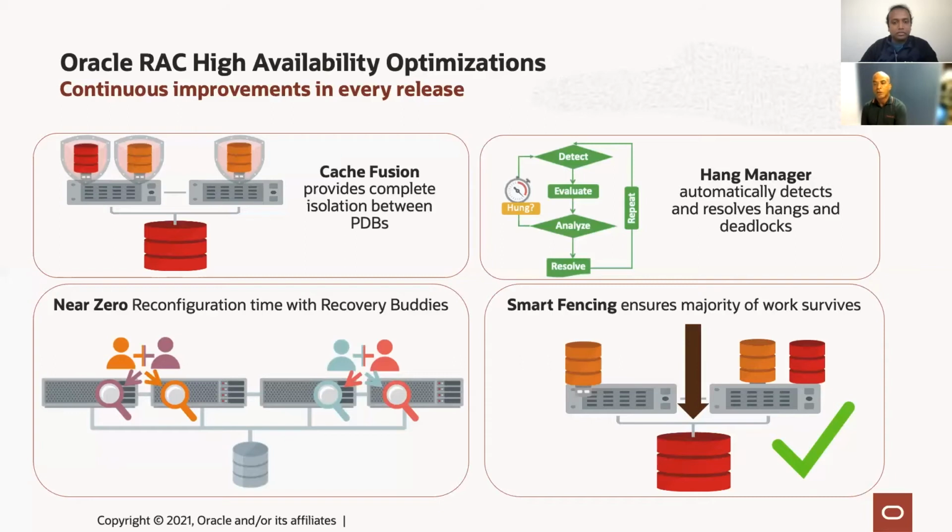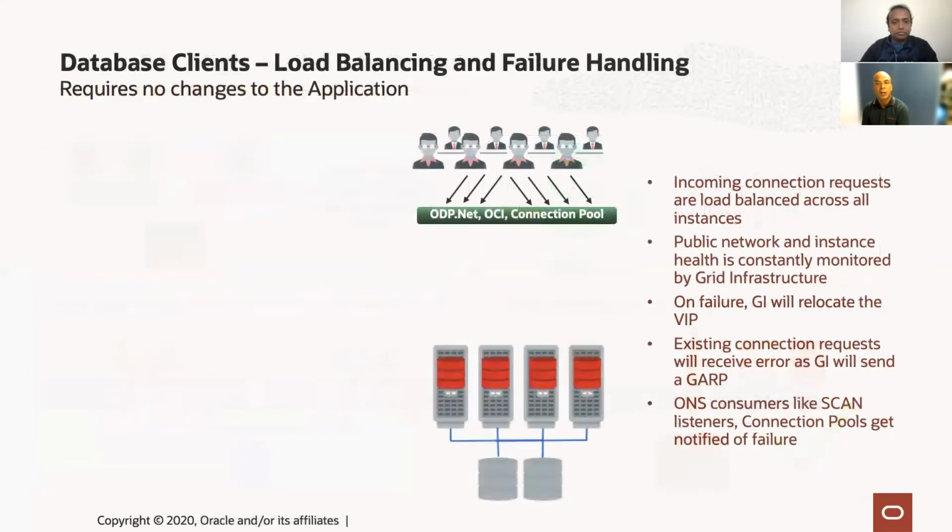Now, since we are talking about split brain and what we call node evictions, let's see how this helps out with customer workloads. When the customer workload is running, typically you'll have a bunch of users who are connecting via some kind of pool, and this pool of connections is going to be talking to a database.